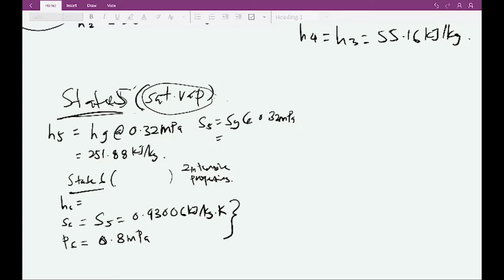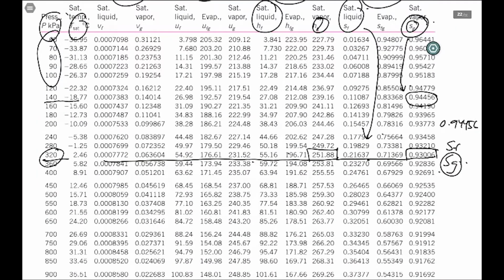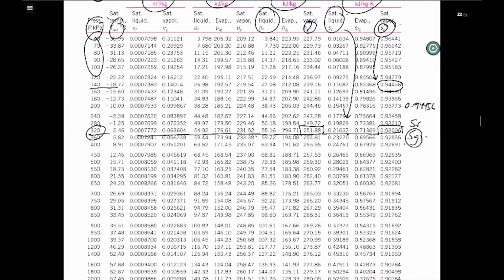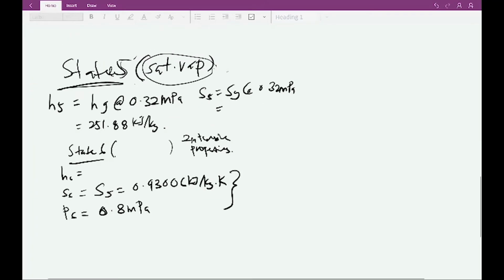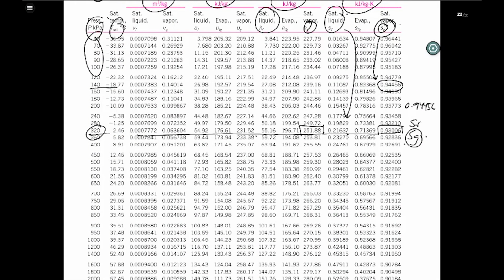Then we look again at these 2 properties in your saturated table. Right, I think I made a mistake here, because P6 is 0.8 megapascal, so we need to look at 0.8 megapascal, while what we were looking at just now was 0.32 MPa. So better we check again.